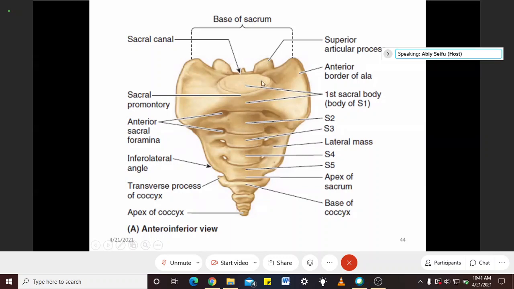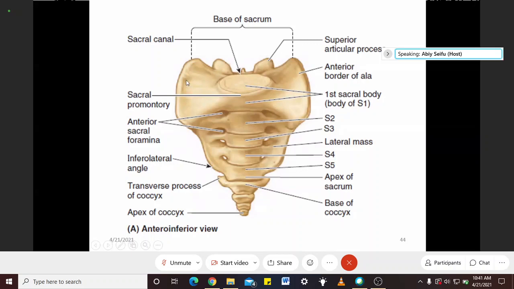And this one is S1, which receives the weight from the fifth lumbar vertebra and transmits the weight to the hip bones at the sacroiliac joint.